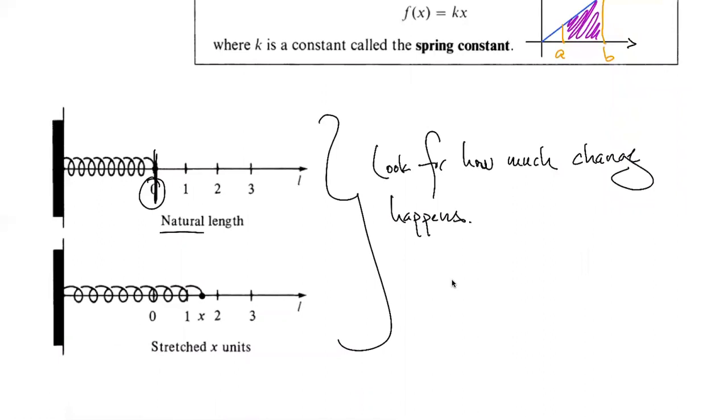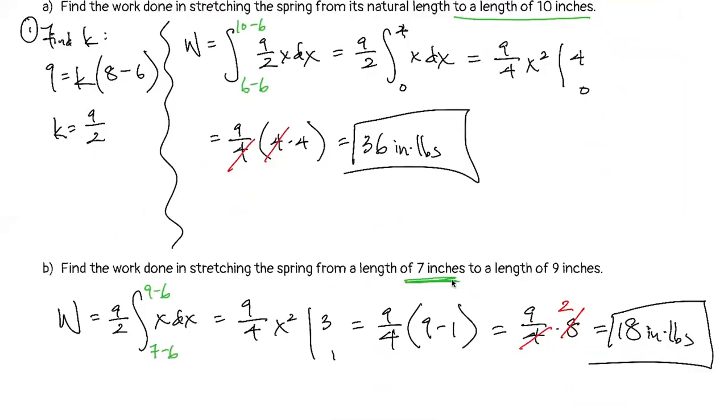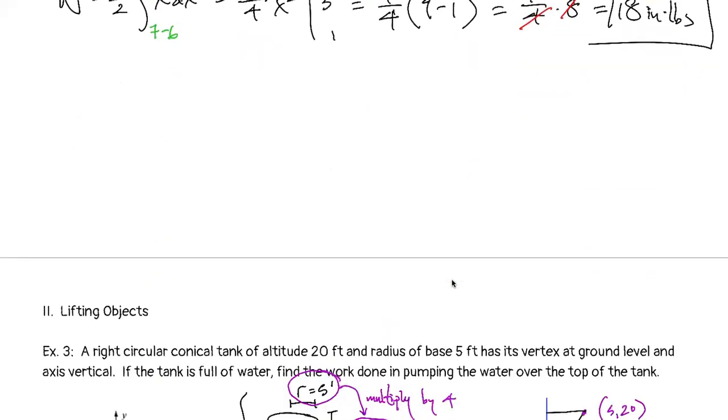And one important thing to point out, which I think we did super well on yesterday, was that the bounds are actually all about the differential. So how far did you stretch it or how far did you compress it rather than the actual length of the spring. It's all relative to the natural length, okay?